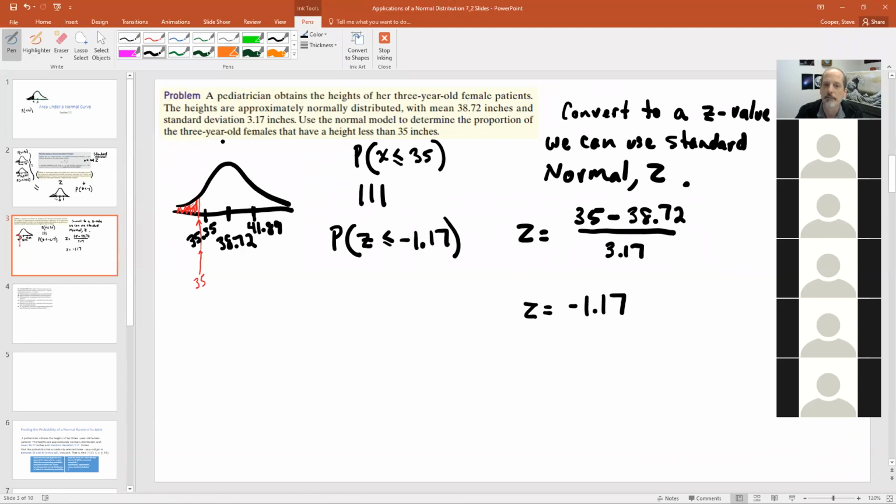Okay, so if I draw this was x, let's draw it for z. So in terms of a standardized normal, it's the same region, it's just in terms of a standard deviation of 1 and a mean of 0.